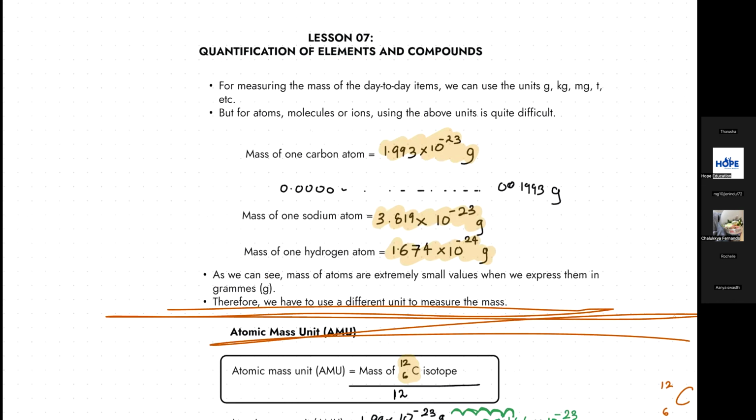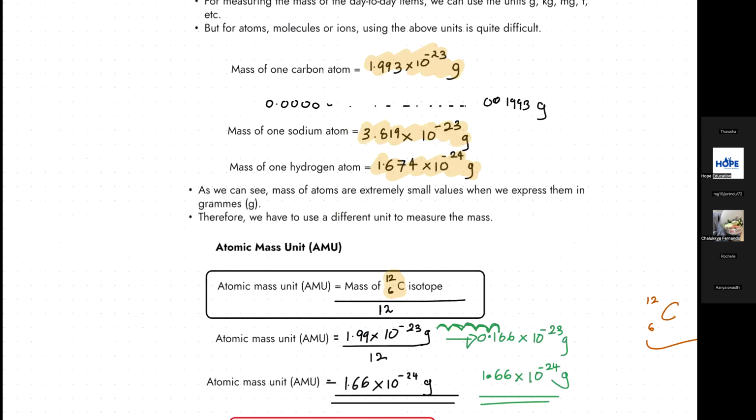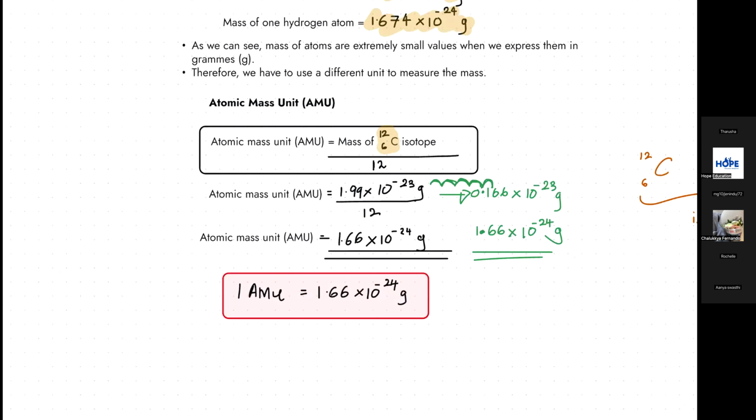Okay. Then write atomic mass unit. Make it fast. For this, I have a few other sentences to add.